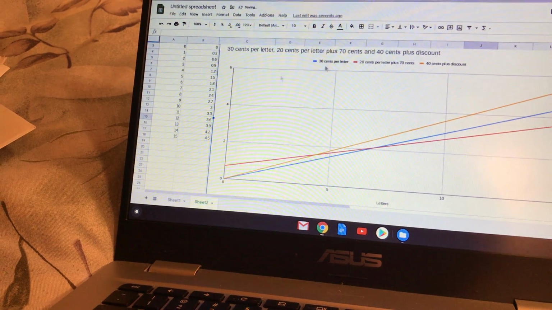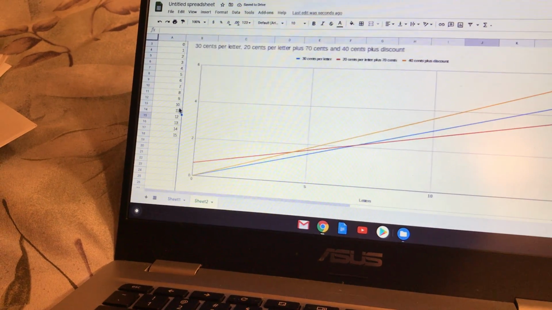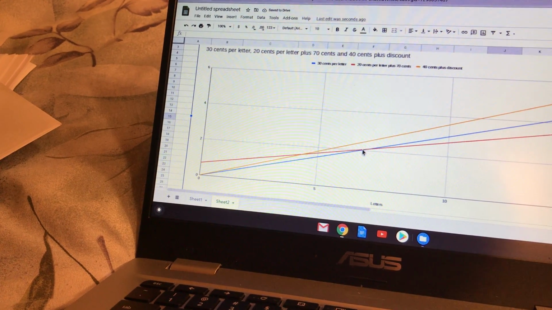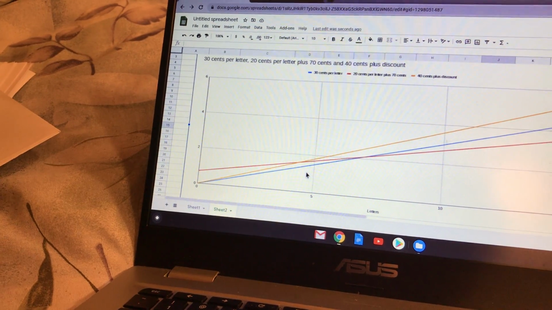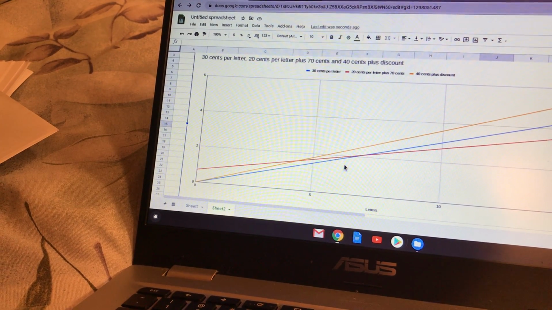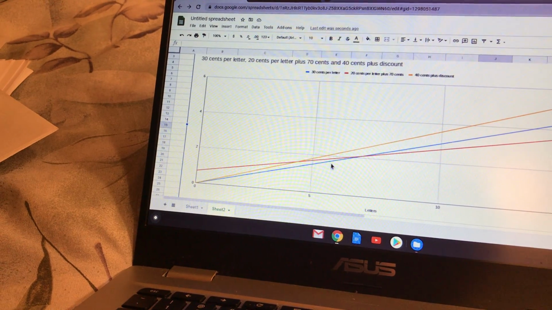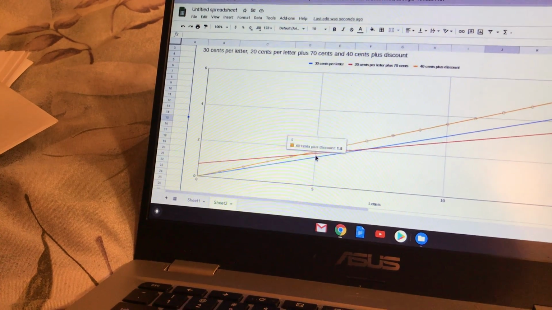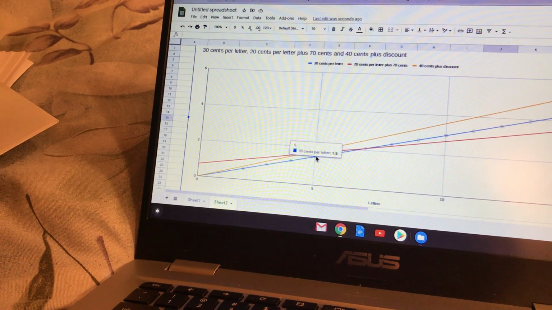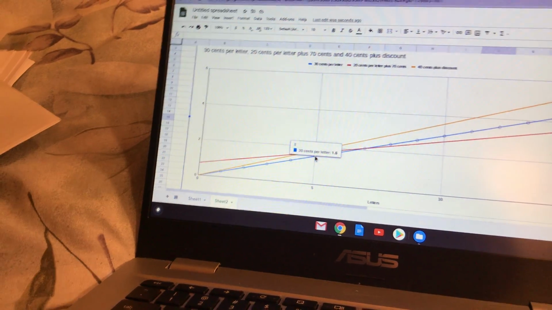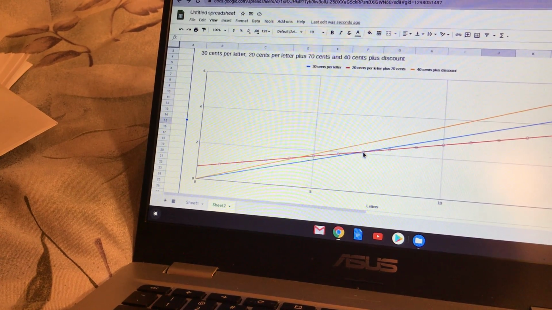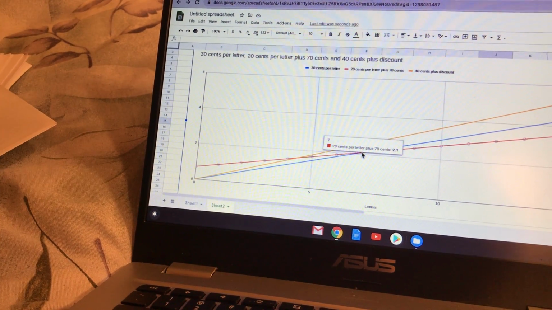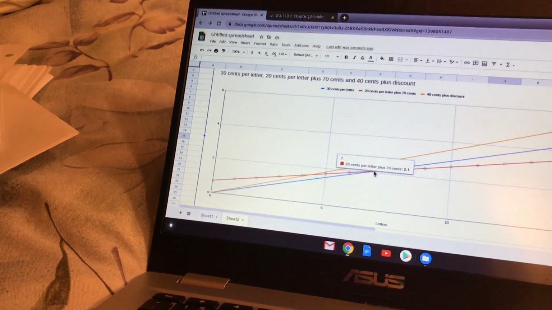Now what was the better deal depends on how many letters you had in your name. So if you had 7 letters, it costs us the same.